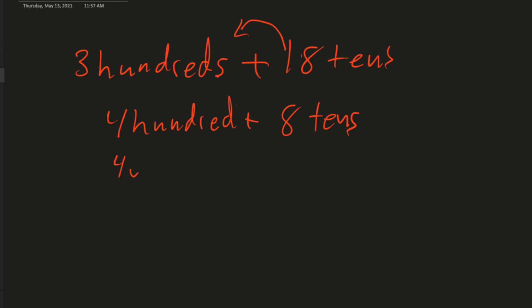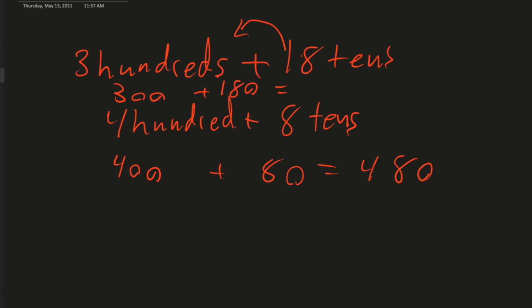So 400 plus 80 is equal to 480. And in this case, the top one, you'd have 300 plus 180, which is also equal to 480, right? So we're just saying the same thing. We're just regrouping it properly, right?